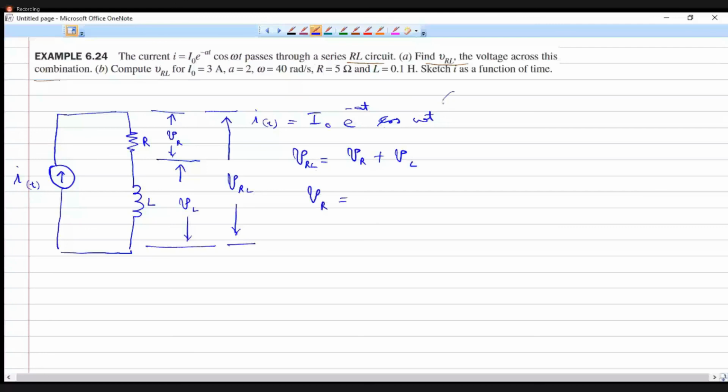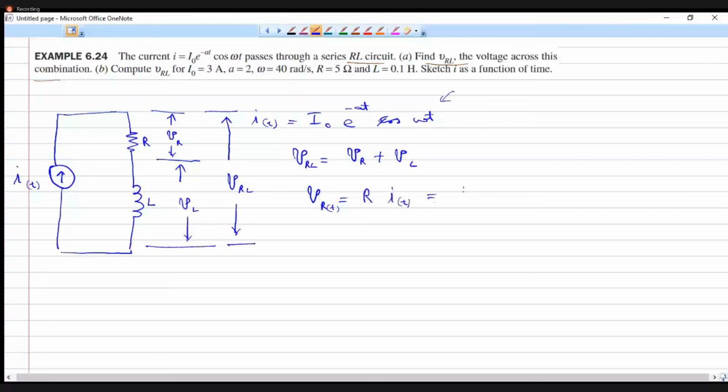If current is given, the voltage across the resistor is nothing but current into the resistance value, right? So VR of t is equal to R into I of t.